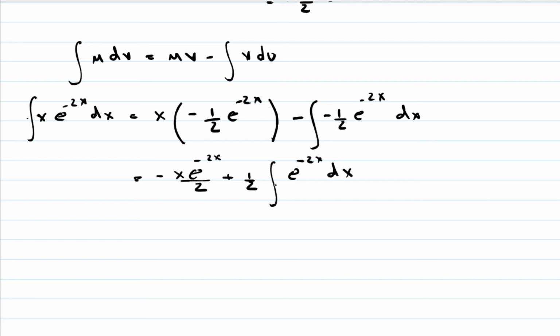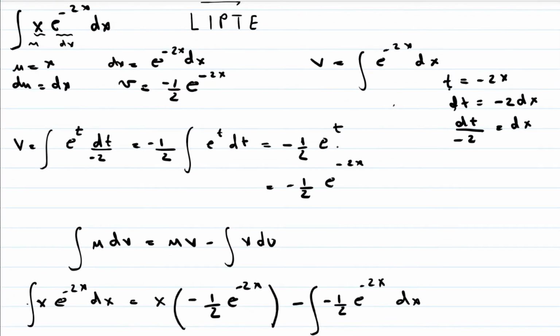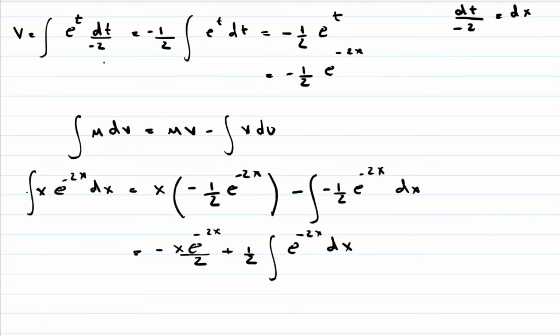Okay, so we have to find the integration of this, but if we come back, we know we have found the integration of this, which was v. We found the integration of this, and v gave us minus 1/2 e raised to minus 2x.